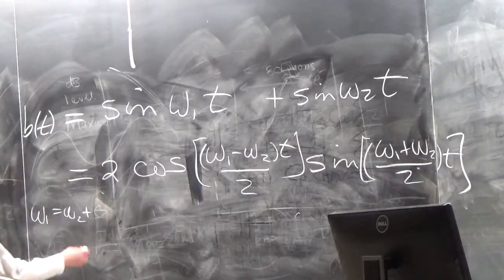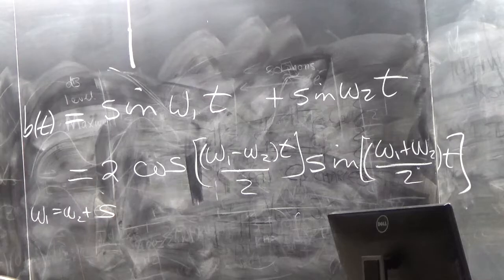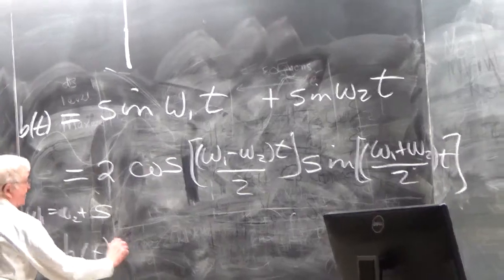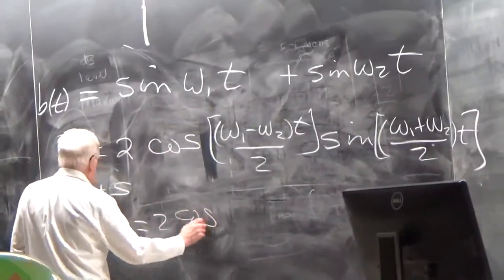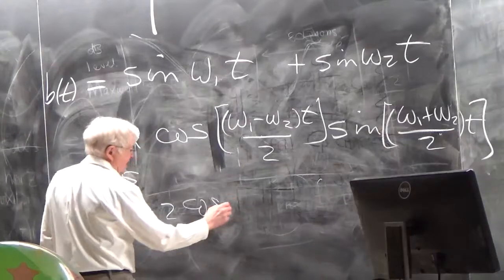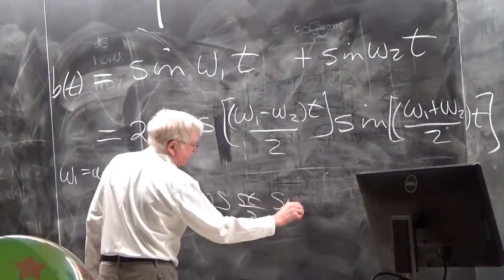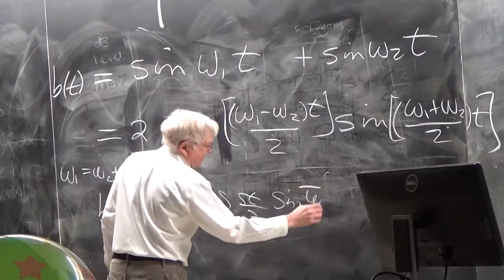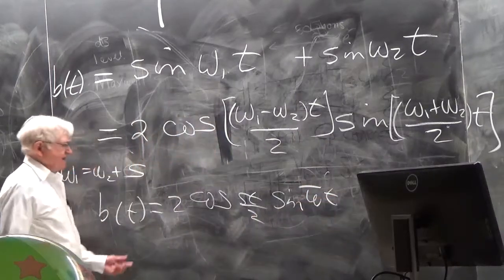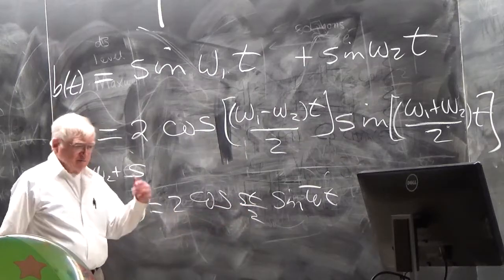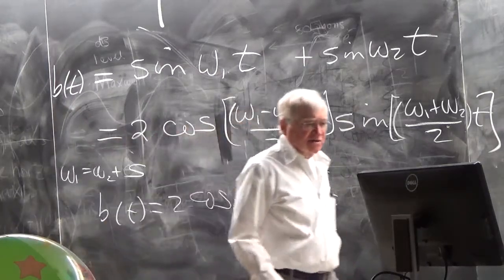Anyway, the sound wave is then 2 cosine of epsilon t over 2 times the sine of essentially the average frequency times time. And this is the beat, because this is a very low frequency, namely omega 1 minus omega 2.